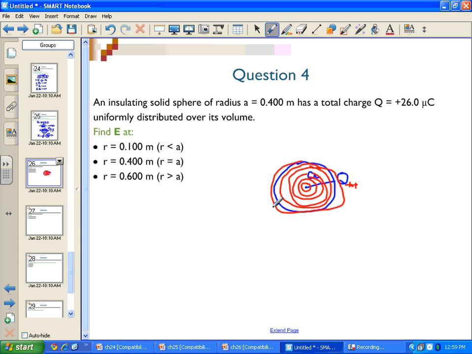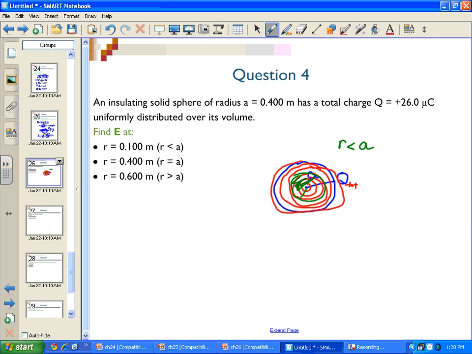Okay, so the first question tells us to find the electric field at a point in the interior of this sphere. Well, let me choose green here. In the interior means that our Gaussian sphere, and yes, it will be a sphere because that matches the symmetry of the charge distribution, is going to have a radius which is smaller than the radius of the actual sphere.